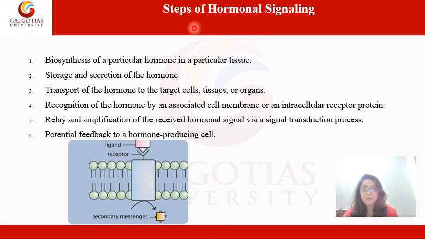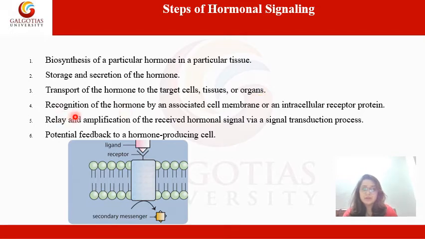Now, summing up the steps of hormonal signaling. First step is biosynthesis of a particular hormone in a particular tissue. Second, storage and secretion of the hormone. Third, transport of the hormone to the target cells, tissues or organs.